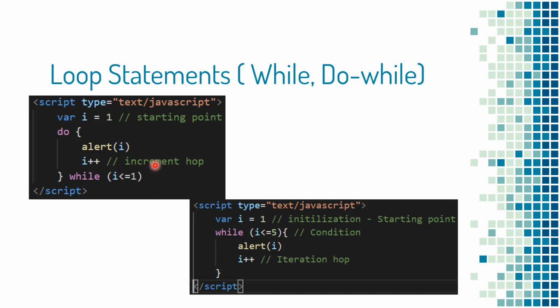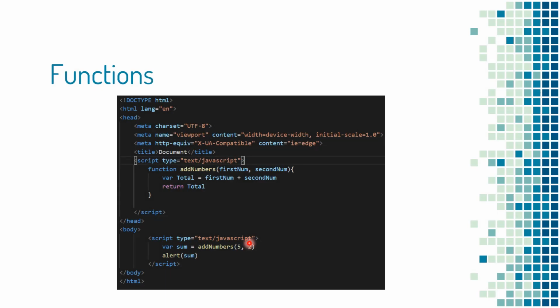One important difference between while and do while is that in do while, you're going to perform the enclosed code at least once, even if the condition is not valid. But on the other hand, with while, it's only performed if this condition is valid.